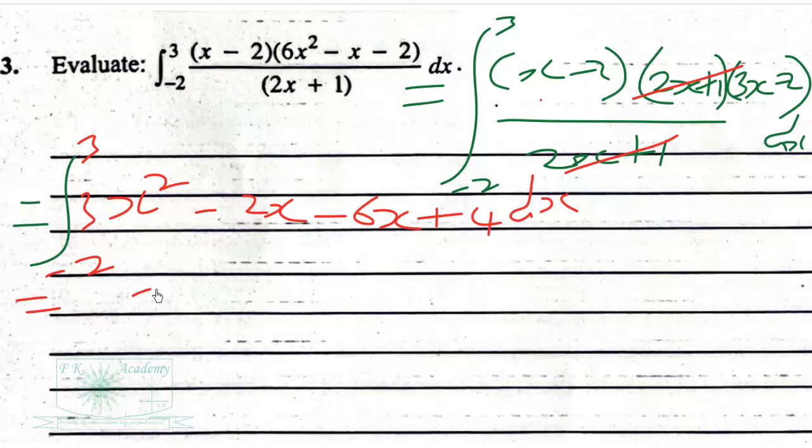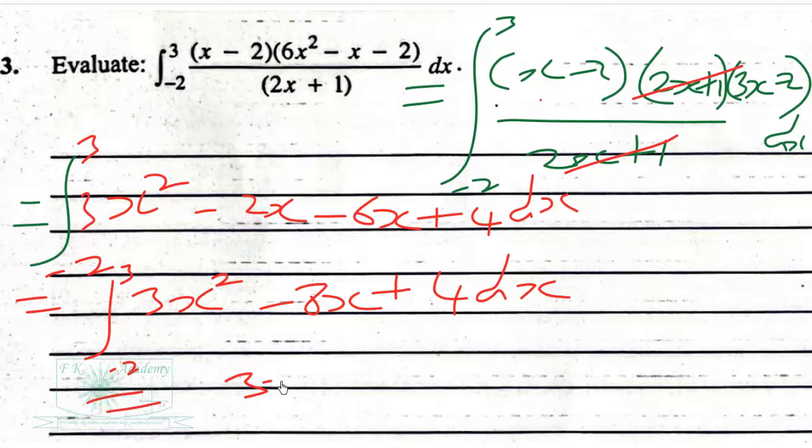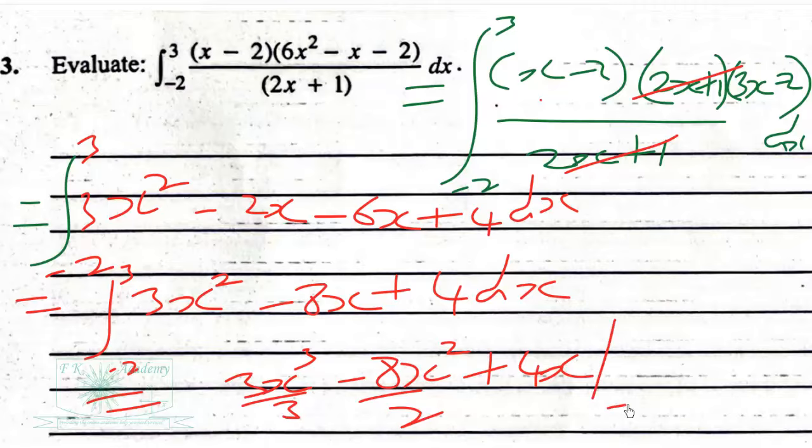This should give us the integral of 3x squared minus 8x plus 4 dx. So let's integrate. This will give us 3x cubed over 3 minus 8x squared over 2 plus 4x from negative 2 to 3.